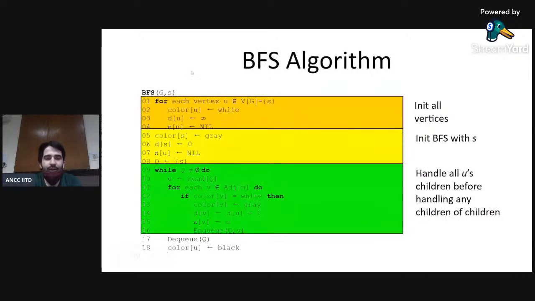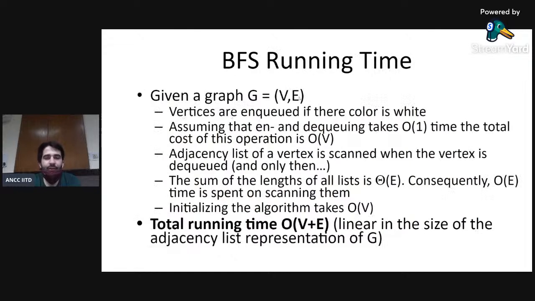Now we can see that this algorithm updates the distances for all vertices and we also compute a pi array. What will be the running time of this algorithm? We enqueue a vertex only if it is colored white, and enqueuing and dequeuing takes O of 1 time. This was discussed in a previous lecture.